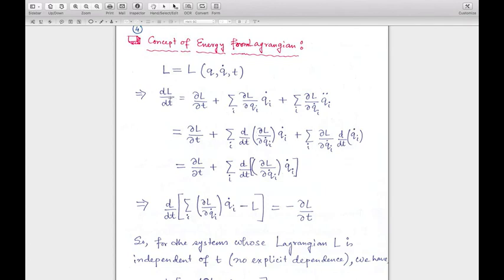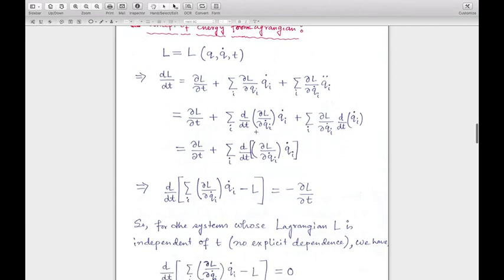So dL/dt will then be written as ∂L/∂t plus the summation over i of ∂L/∂qi times qi dot, plus the summation over ∂L/∂qi dot times qi double dot. Okay, so here i basically tells you the number of degrees of freedom of the system.